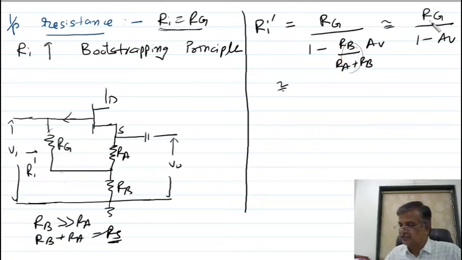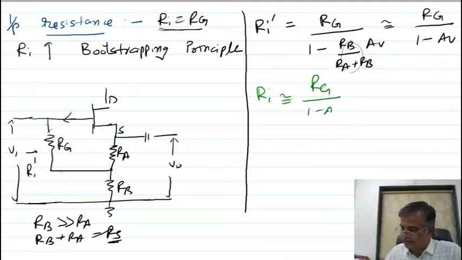So this equation can be written in this way, and the effective input is given by Rg upon 1 minus Av.